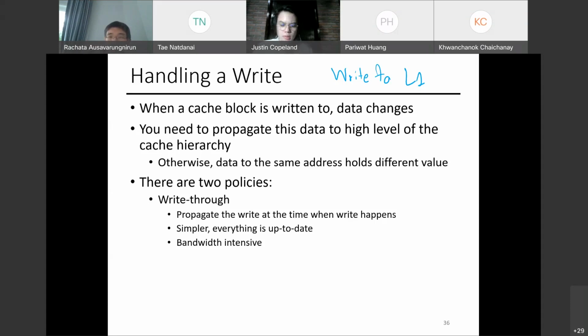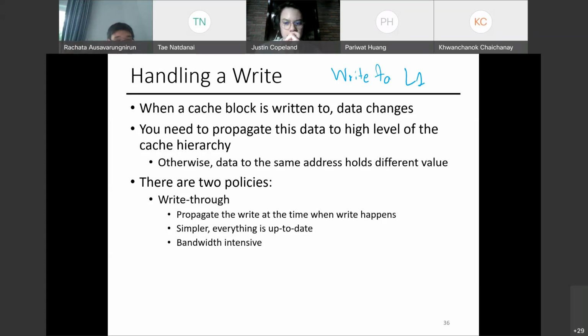Basically, write through means I'm gonna write through the whole memory hierarchy. I write to L1, write to L2, write to L3. Every single level should have this address and the tag updated with the new data. That's what the write through policy is.